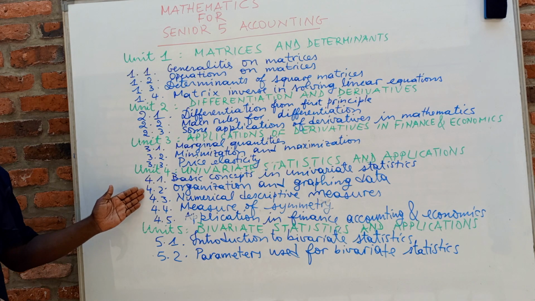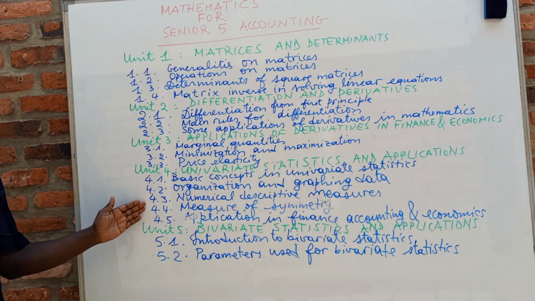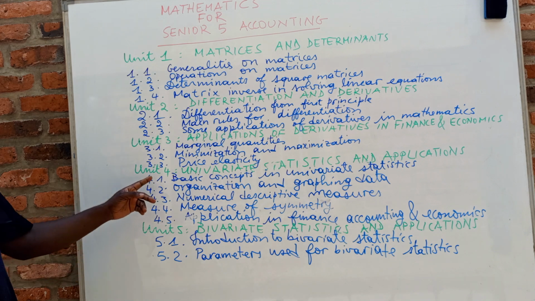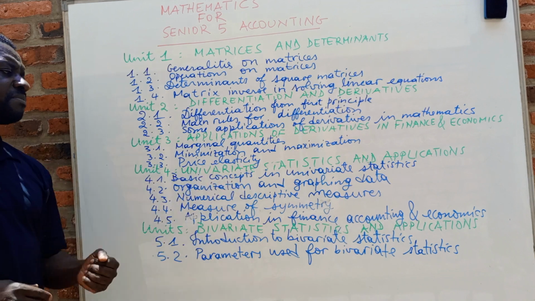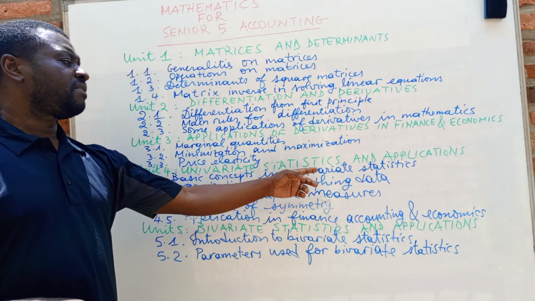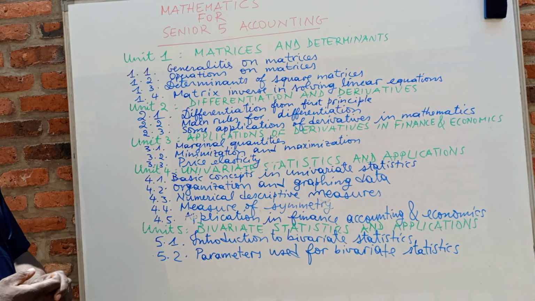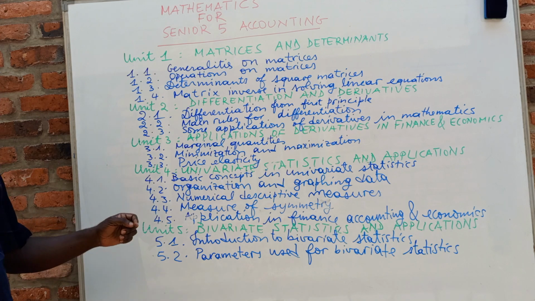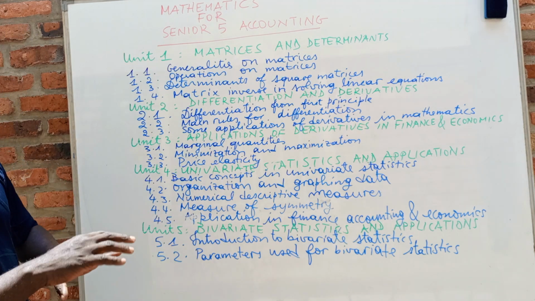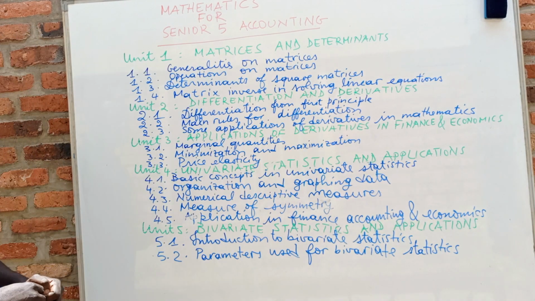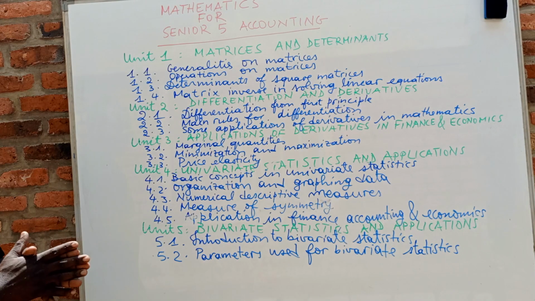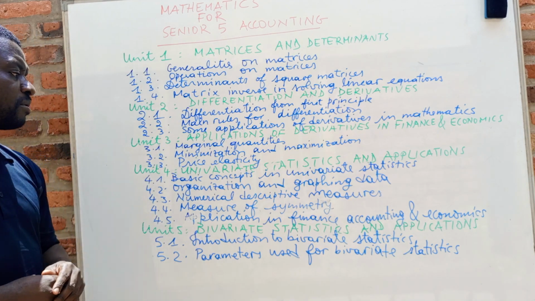In this case, we have up to 5 subunits. Subunit number 1 concerns basic concepts in univariate statistics. Subunit 2 is about organization of these statistics, the distribution of one variable.